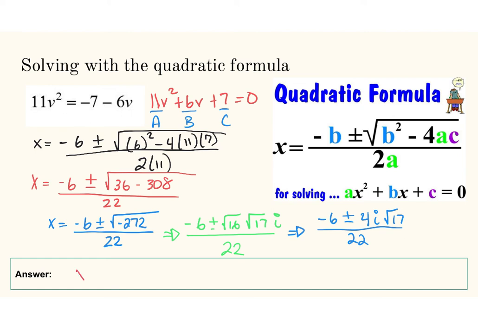So my answer is x is equal to negative 3 plus 4i square root of 17 over 11, and negative 3 minus 4i square root of 17 over 11.